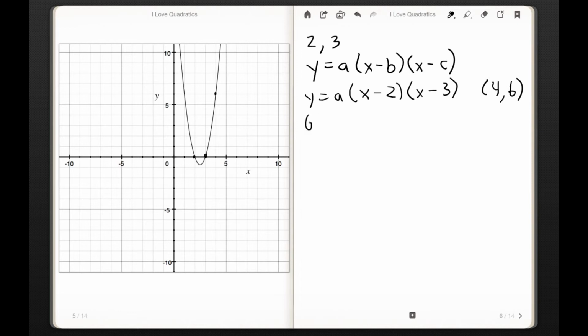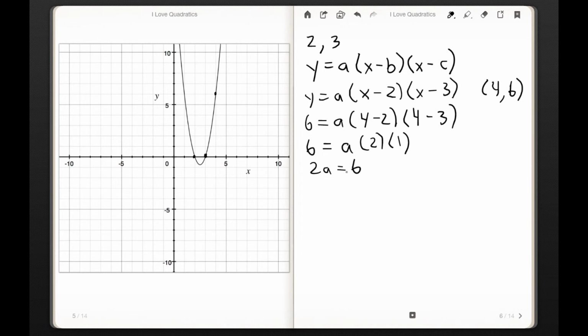So we'll get y of 6 equals a times x of 4 minus 2 times 4 minus 3. So here we'll get 6 equals a times 2 times 1. So 2a equals 6. So we can see that a equals 3.